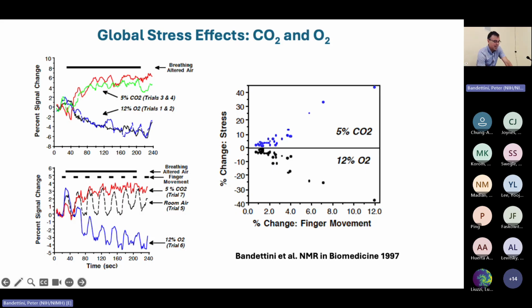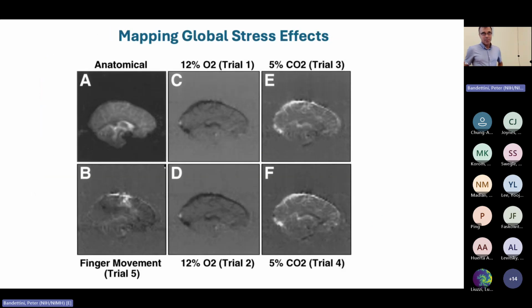Basically, in certain areas in this image, you had 12% signal change with finger motion. That's pretty high, but it's also where you had the most change in signal with the stresses. Once again, those are essentially the big vessels where you're capturing all the blood. And you can calibrate your signal by dividing by that big vessel effect to get at more of the capillary effects if you want to.